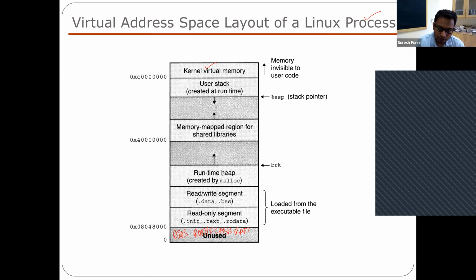And there is this heap, which grows in the opposite direction of the stack. This is where the memory we get through malloc comes from. When we call malloc, memory comes from this heap space. The stack and heap grow in opposite directions.